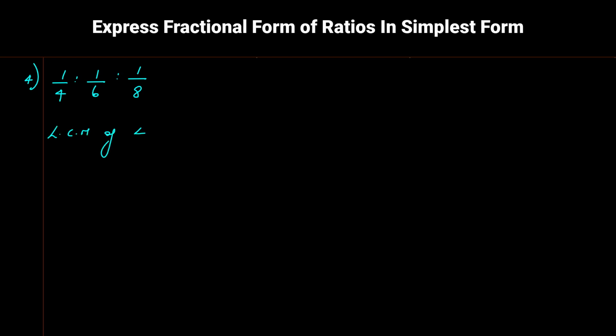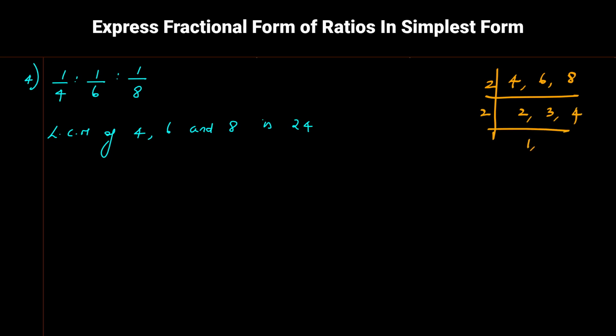So let's calculate the LCM of 4, 6 and 8. The LCM of 4, 6 and 8 is 24. In case you have a doubt, kindly do it in the rough. So the common factors will be 2 2s are 4, 2 3s are 6, 2 4s are 8, 2 1s are 2, 3, 2 2s are 4.